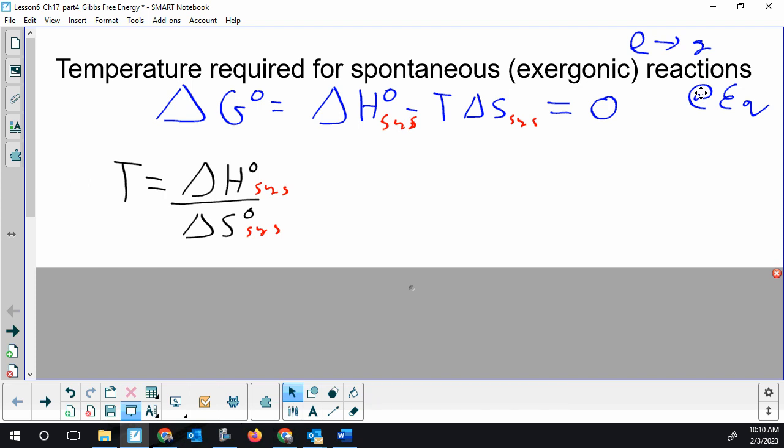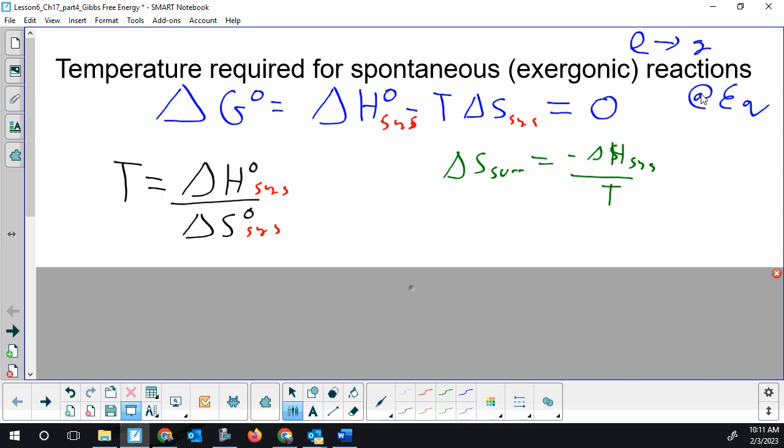Previously, change in entropy of the surroundings is minus change in enthalpy of the system divided by temperature. What we're getting using Gibbs free energy is change in enthalpy of the system divided by change in entropy of the system gives us our temperature.